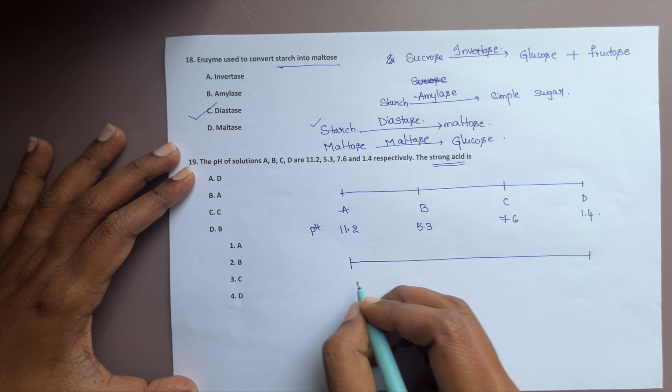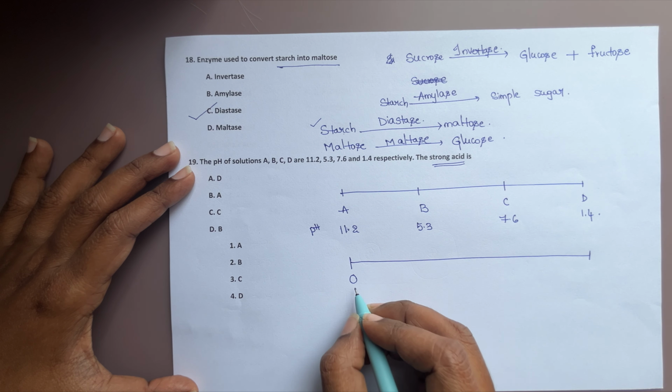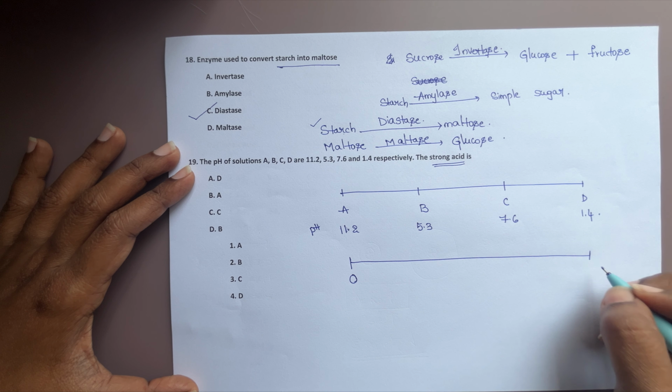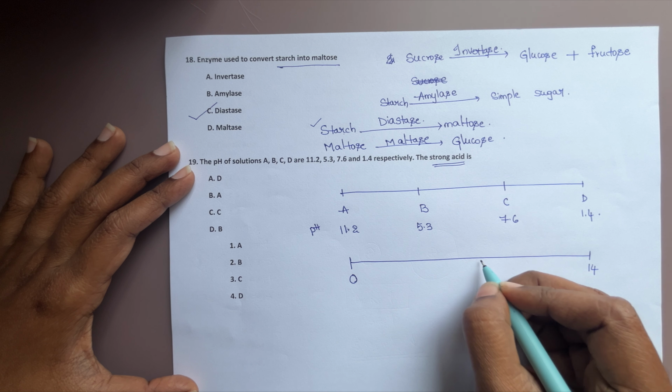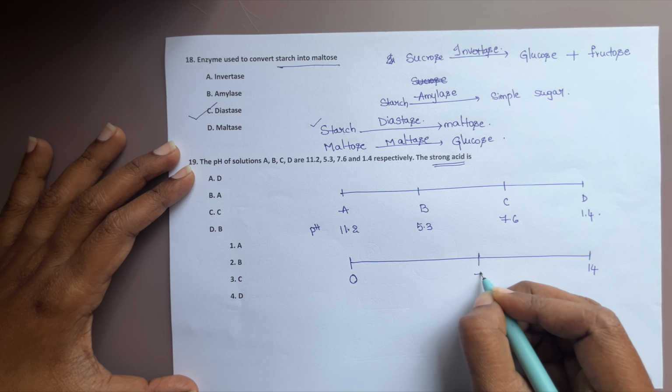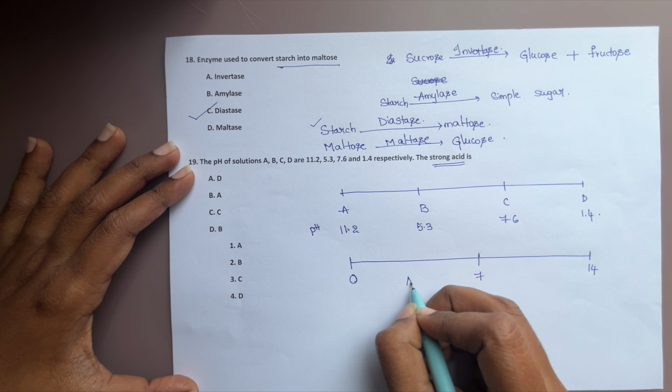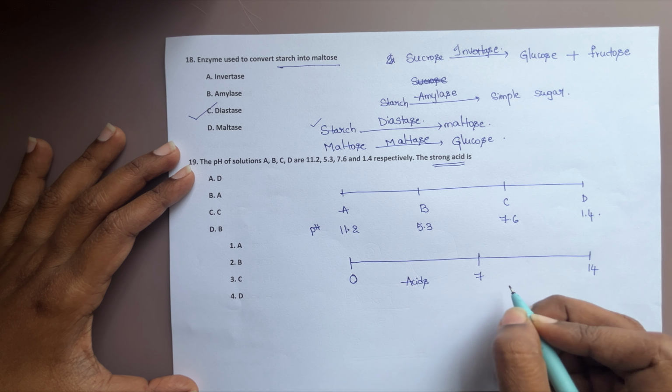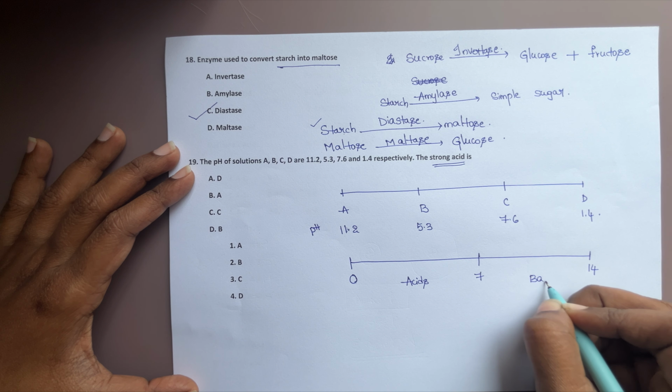The pH scale is like a Mulliken scale, from 0 to 14. In between we have 7. 0 to 7 are acids, 7 to 14 are bases.